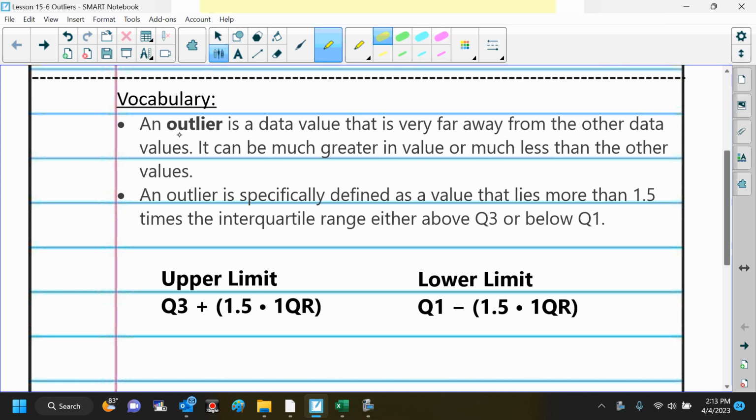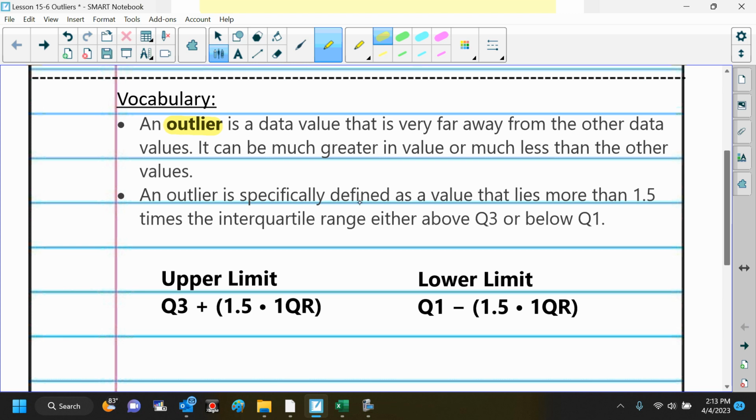An outlier is a data value that is very far away from the other data values. It can be much greater in value or much less than the other values. Okay, so they're far, far away.